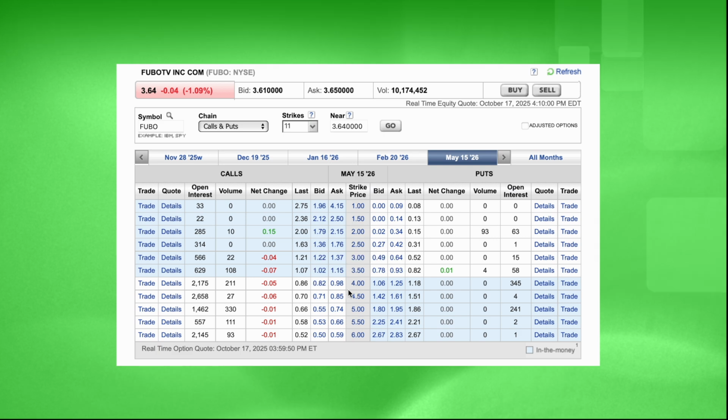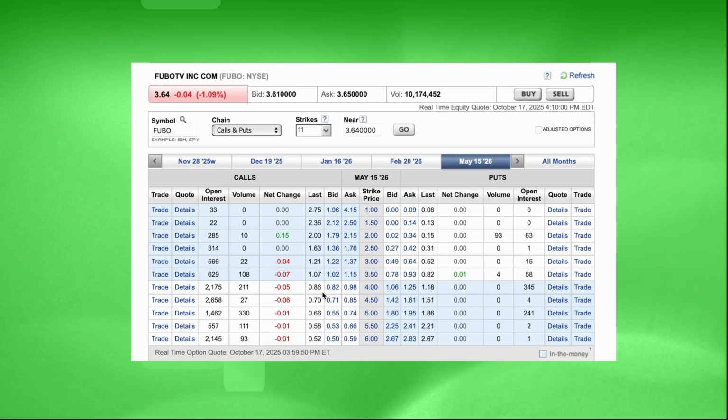So I usually just put the asking price because I want to get it right away. But if you want to be cheap and you want to be picky, you could put the bid price. But we see that the last price was 86 cents, so I doubt you're going to get the bid price. You're going to get somewhere between 86 cents and 98 cents. So let's click on the $4 strike price and let's place the order.